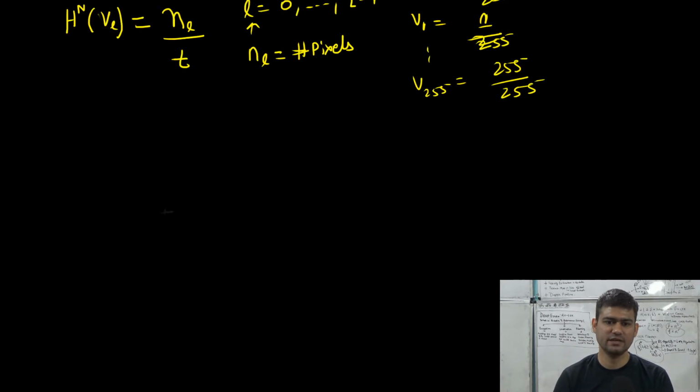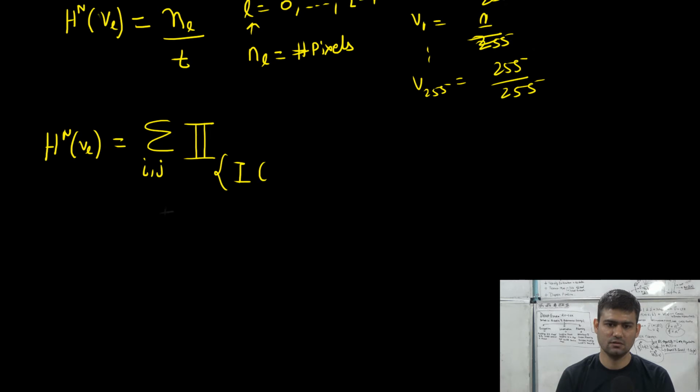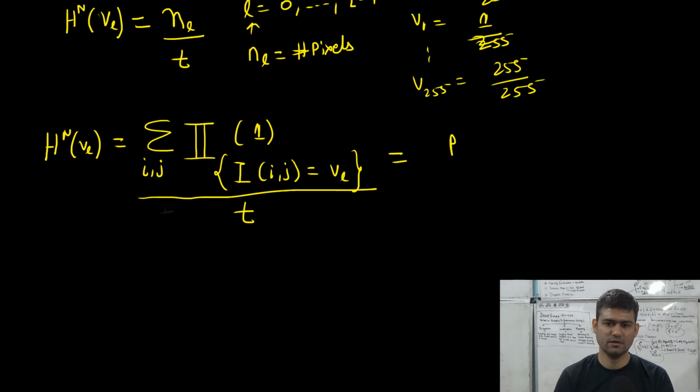We earlier discussed that we can use the indicator function to write the normalized image histogram: simply sum over all i and j, rows and columns in an image, the indicator function with the condition that I of i comma j is equal to v_l, times 1, divided by T. So this is simply P of v_l, which is the probability of occurrence of the intensity value v_l in our image I.